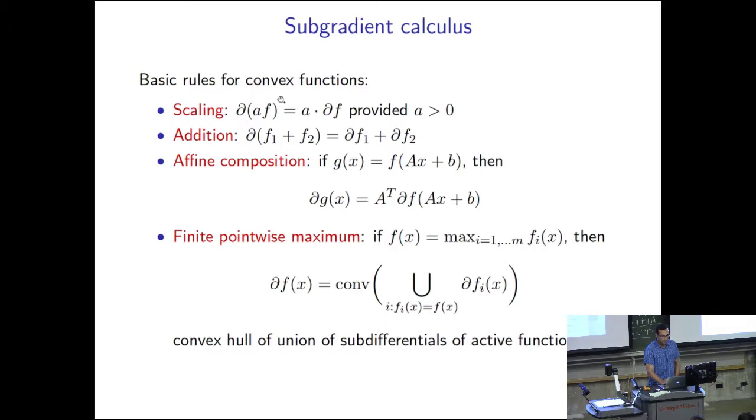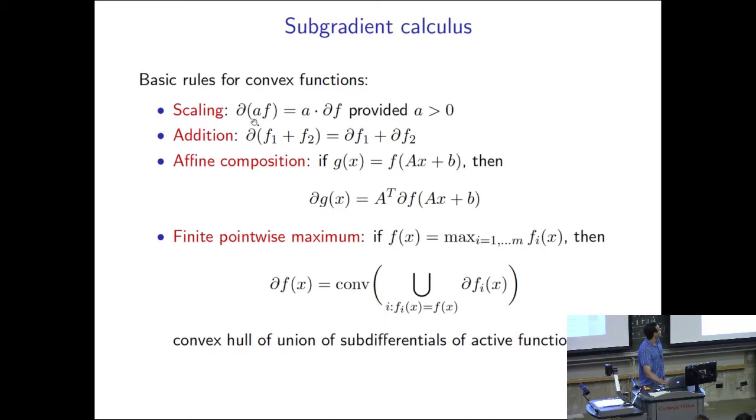If we have any convex function and we scale it by a scalar a, then the subdifferential of the function a times f is just a times the subdifferential of f. It's important here that a is positive. Why is that important? What happens if a was negative? Then I would make this function concave.